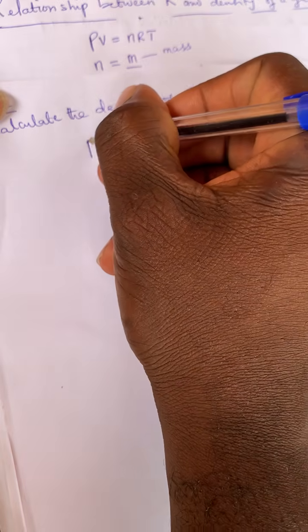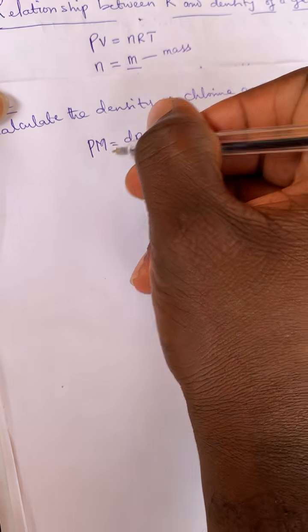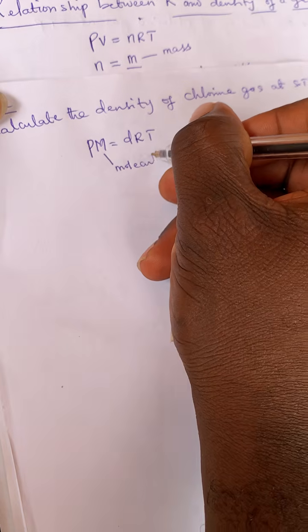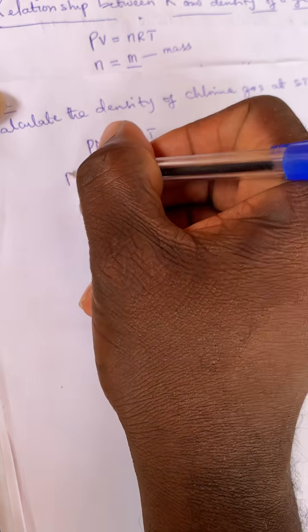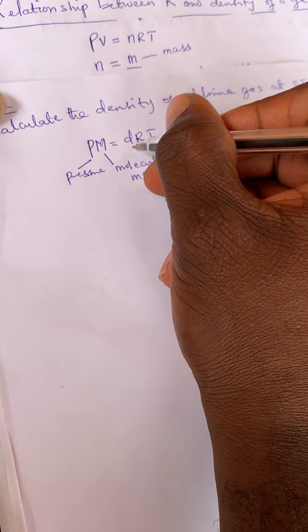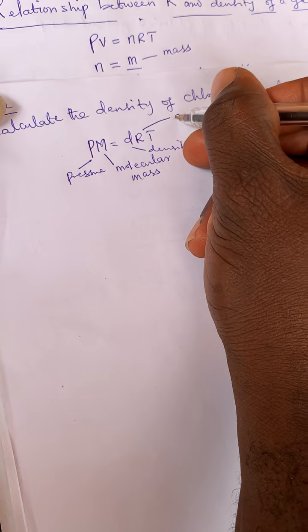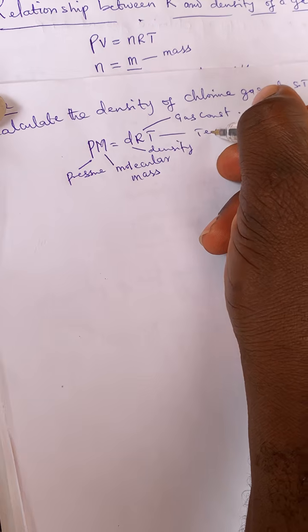That is to say, PM equals dRT, where M is the molecular mass of the gas, P is pressure, d is density, R is the universal gas constant, and T is temperature.